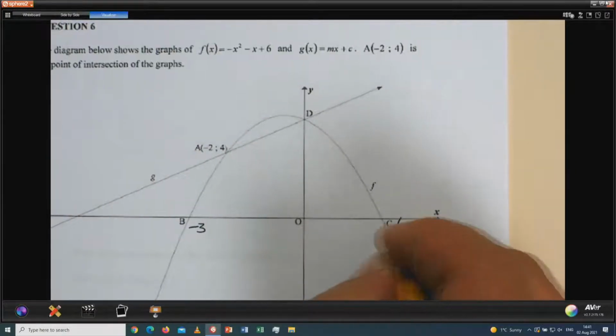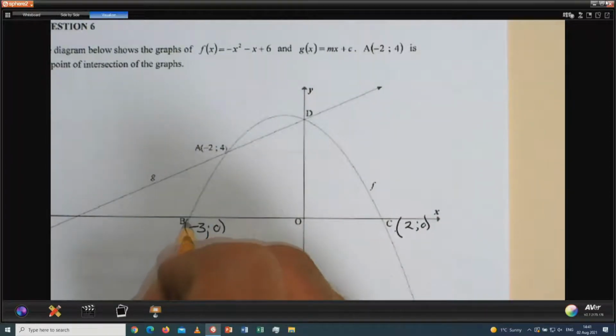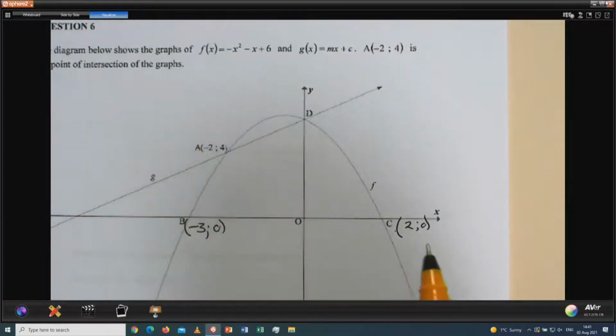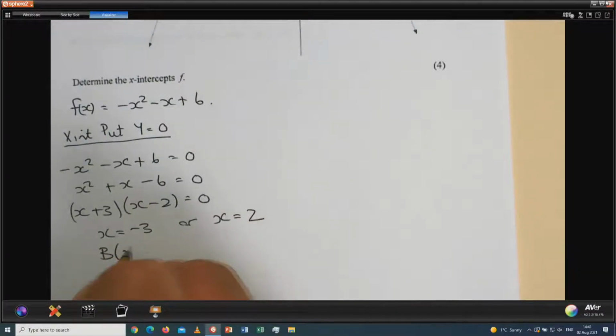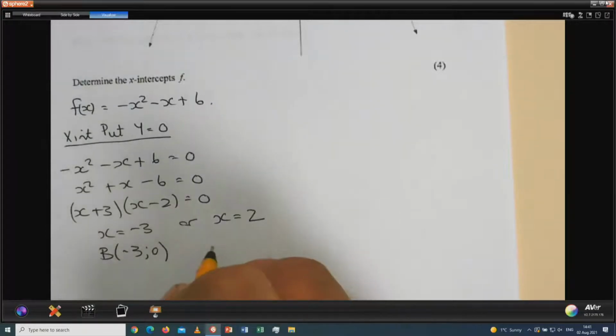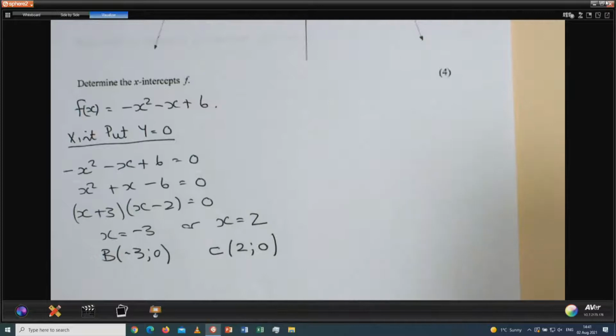So the coordinates of C are (2, 0) and the coordinates of B are (-3, 0). Those are your x-intercepts.